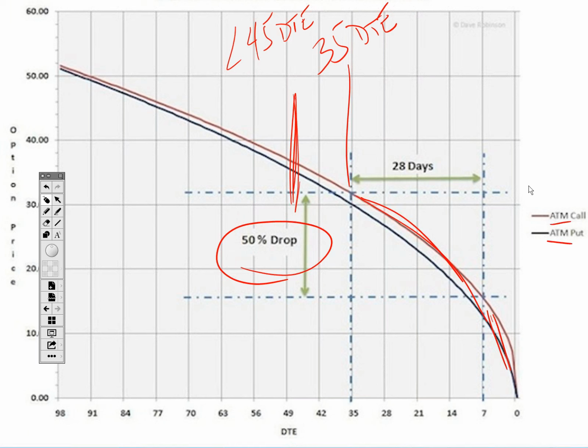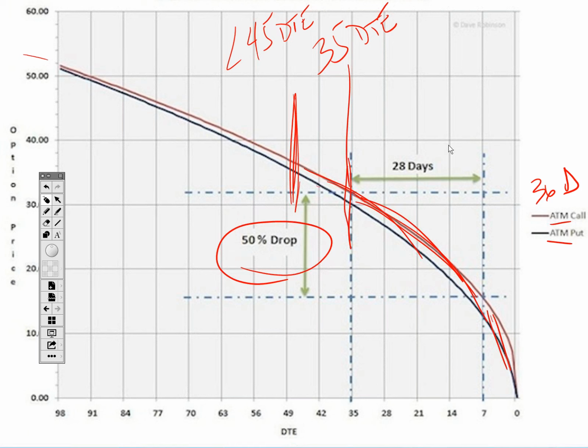Yes, these are at the money, and we are looking at a 36 delta, which isn't necessarily the same representation. What I want you to take away is that further out in time you don't get that much theta decay, but it really starts ramping up inside of this 45 days, and especially inside of that 35 days. That's where we want to get involved.